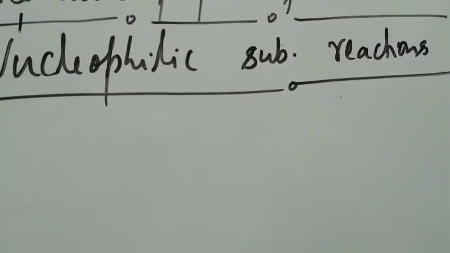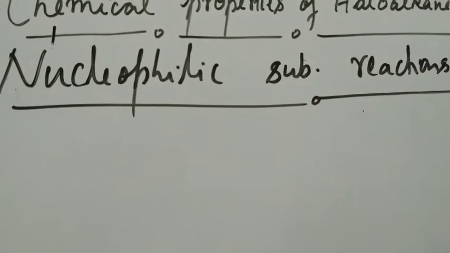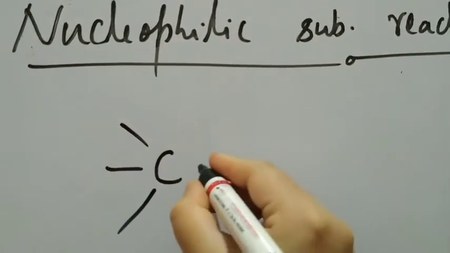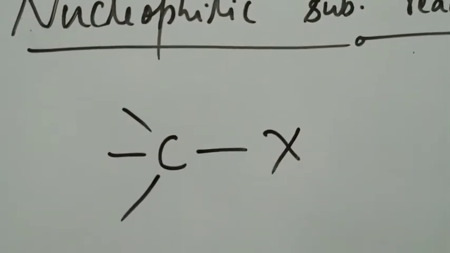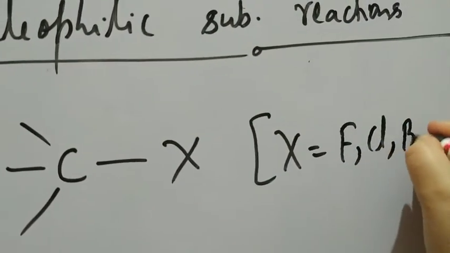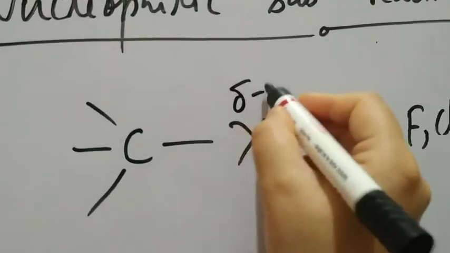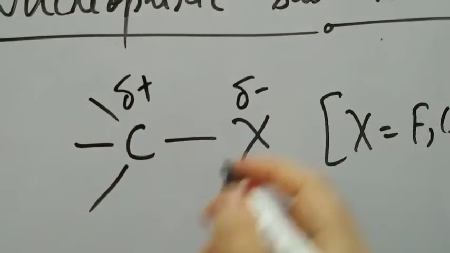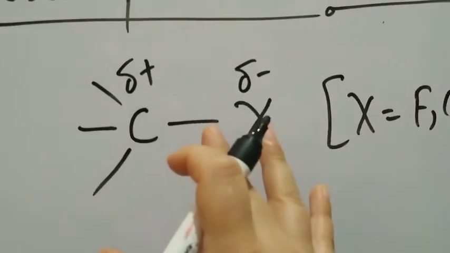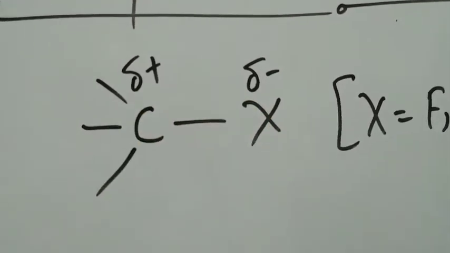Let's first try to understand why haloalkanes show nucleophilic substitution reactions. In one of the previous lectures, I already told you that in the C-X bond, X can be fluoro, chloro, bromo, iodo. In this C-X bond, carbon is delta positive and X is delta negative because X is more electronegative than carbon. That is why the bond is polar. Since the bond is polar, one side of the bond is electron deficient. It has a slight positive charge.